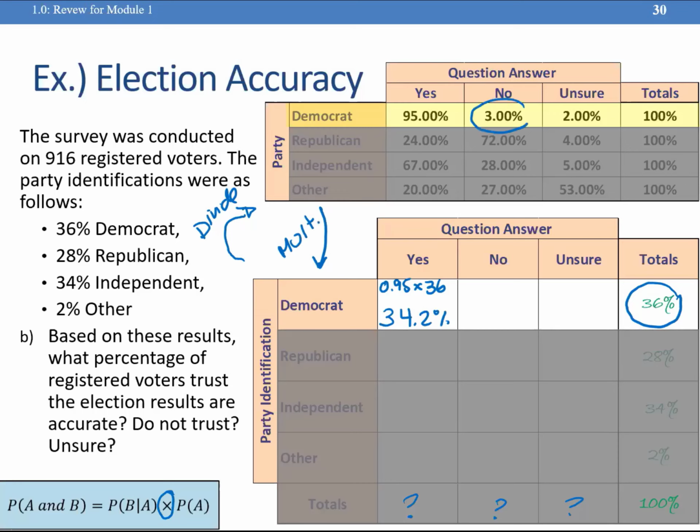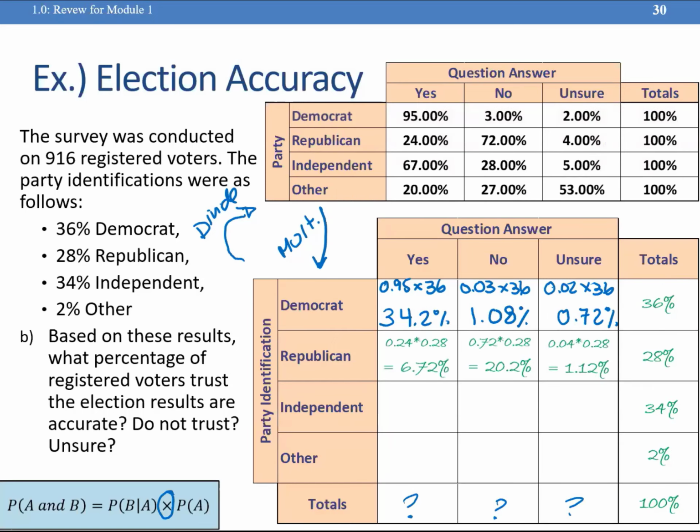Now I would say 3% of the Democrats, or this 36%, said no. So that would be 1.08%. And at 2%, 0.02 times 36, or 0.72%, we're unsure. So that's how I would do the first row.